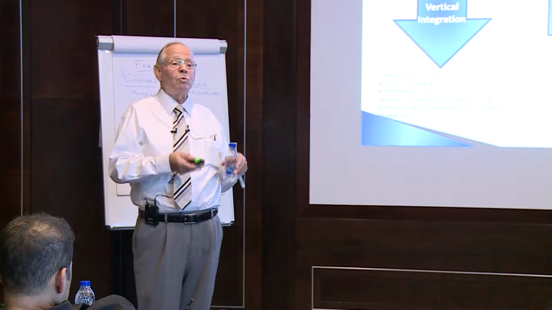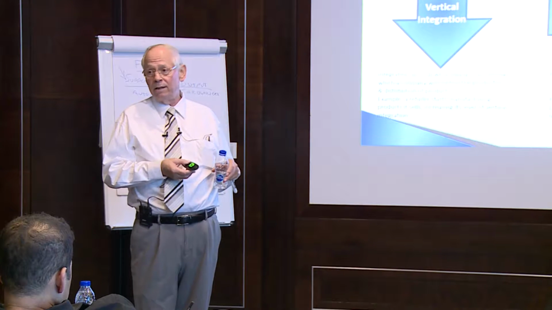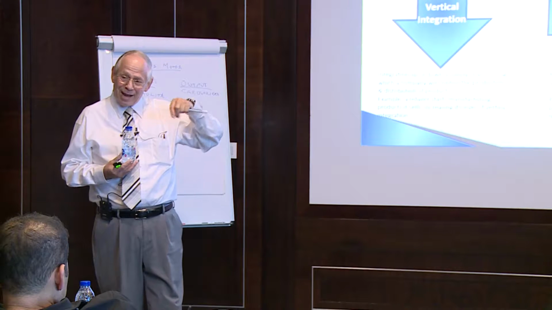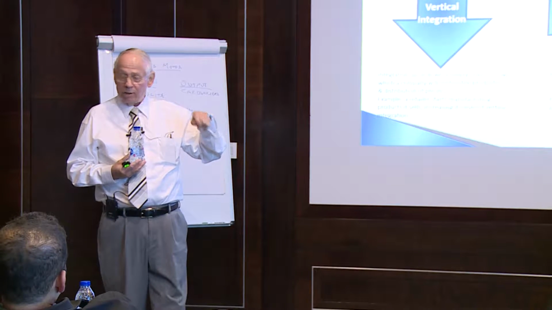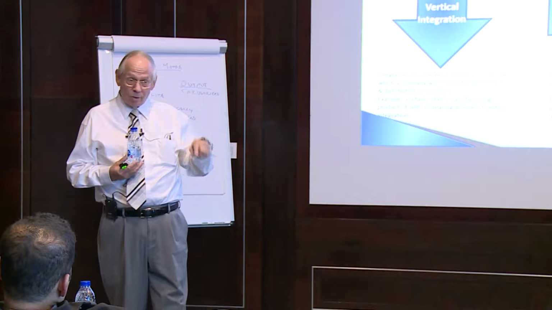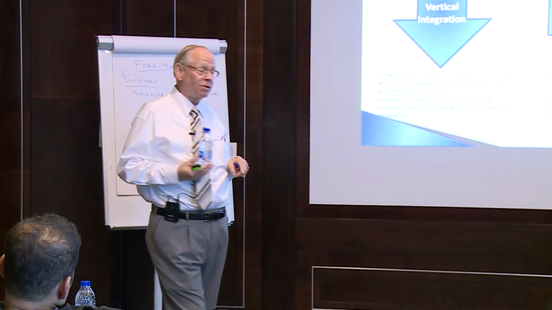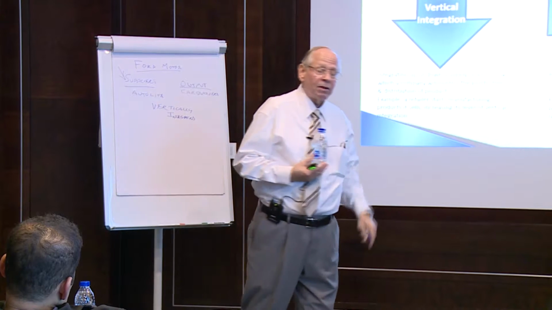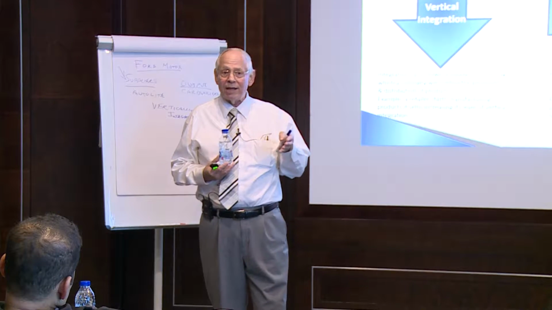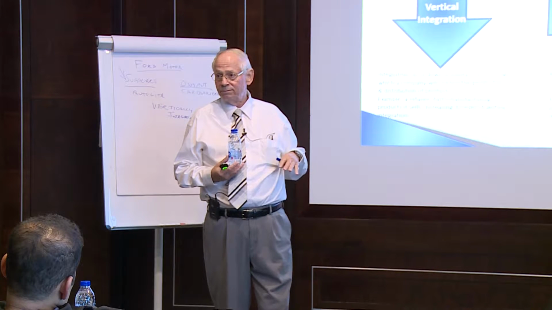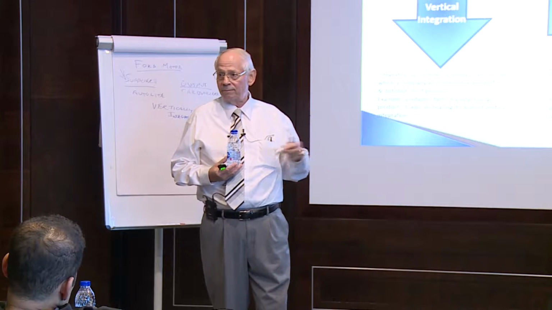Now, that's a good way to grow very quickly. It also allows you to go into internationalization more quickly because you can buy competitors that are already operating in other countries. The danger is the more horizontal integration you do, if that particular product takes an economic hit, then you're going to suffer across all your businesses. So there's a downside to that. Okay.